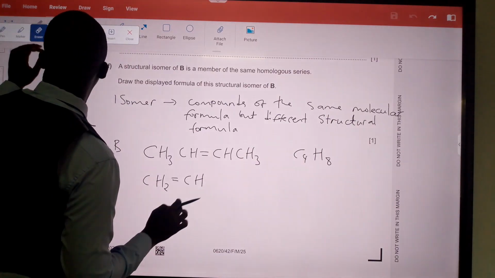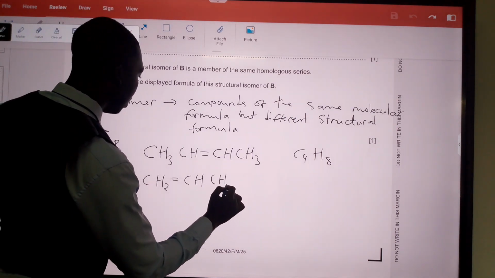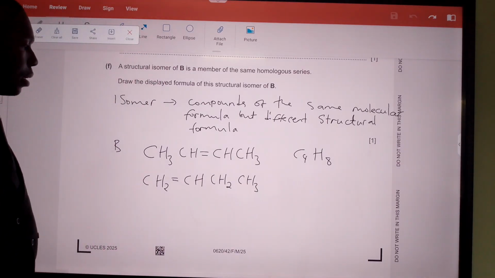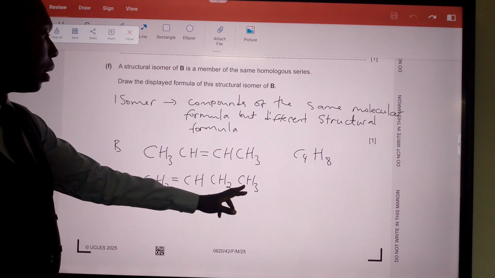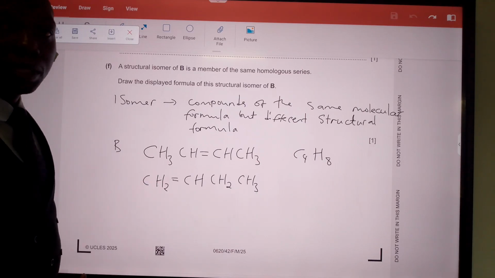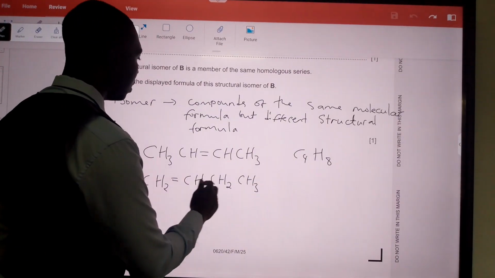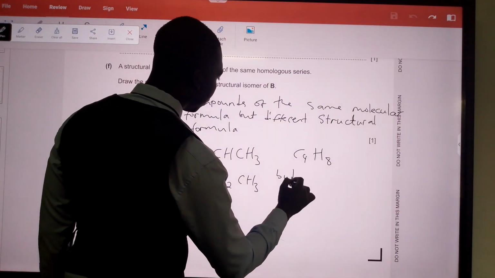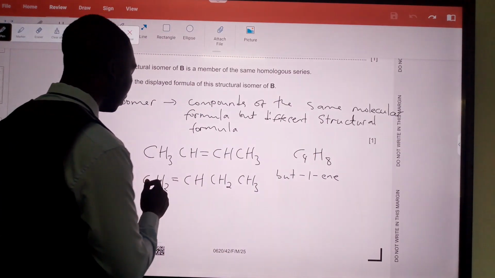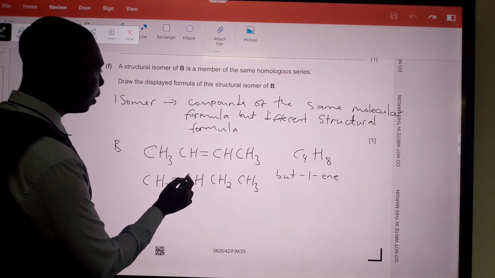This should be CH, and then this is CH2, and then CH3. So this is the isomer. It has 1, 2, 3, 4 carbon atoms and 8 hydrogen atoms. So the molecular formula is still the same. So this is but-1-ene. This is the name because the double bond is on carbon number 1 and carbon number 2.